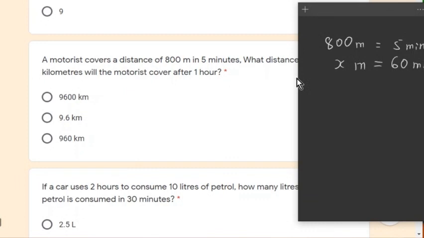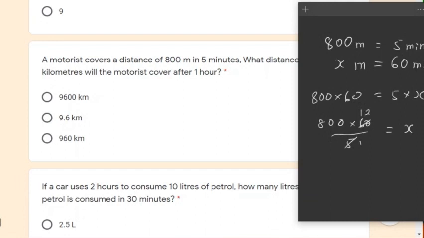So I'm just going to do a cross multiplication. Since this is an objective question, I don't have to show the full solution. When I do a cross multiplication, it will be 800 times 60, and then I'll get 5 times x. Then when I divide both sides by 5, I'll get 800 times 60 all over 5 will give me the x. So 5 will divide itself once, and I know 5 will divide 60 12 times.